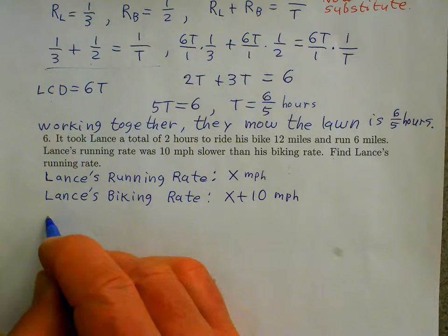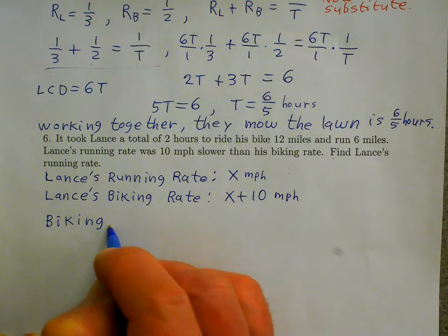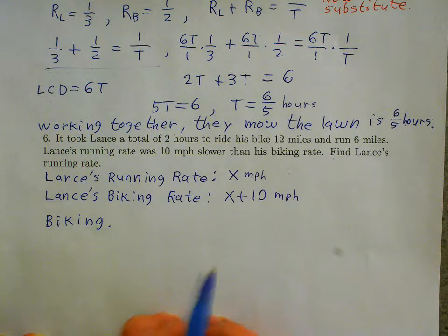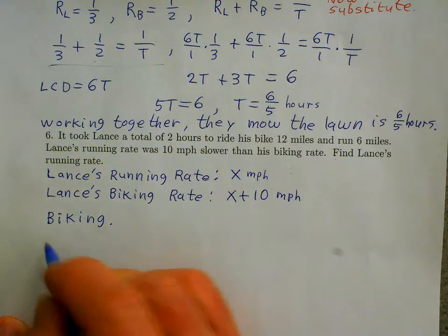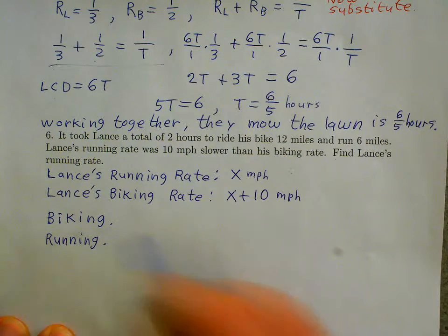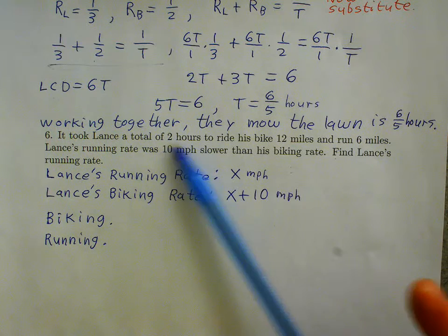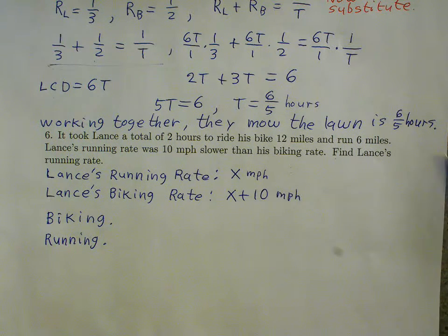So let's start by writing a rate times time equals distance equation for the biking. And then after that, we'll write down a rate times time equals distance equation for running. And then we'll use those equations and the fact that the total amount of time was 2 hours to do both to come up with another equation.